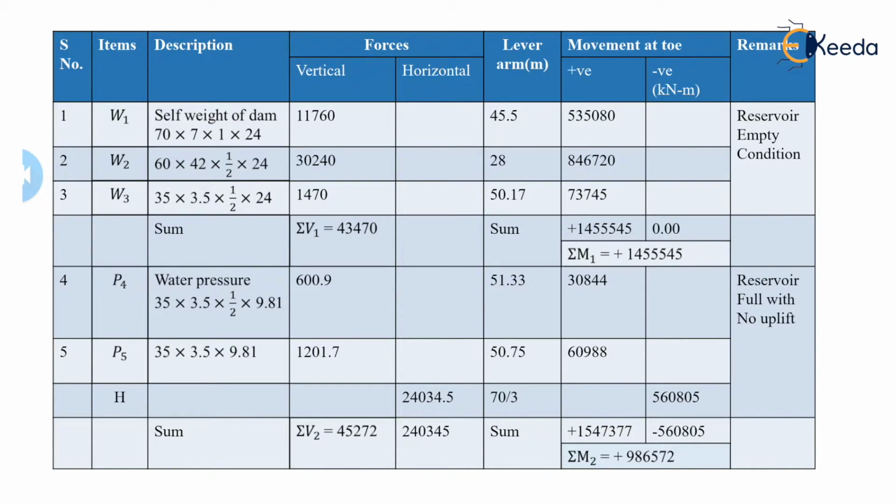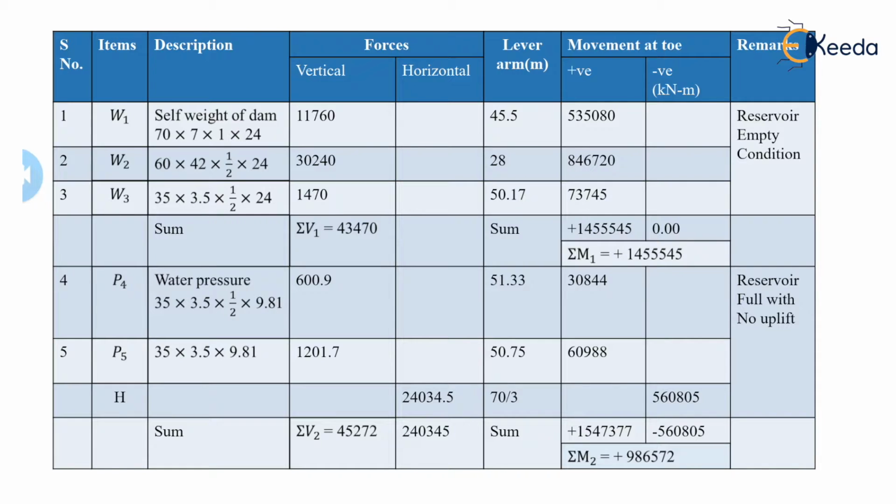The examiner will also get the idea whether the calculation done by the student is properly done or not, whether it is correct or not. You can see in the remark section, in the reservoir empty condition, only the self-weight will be taken.